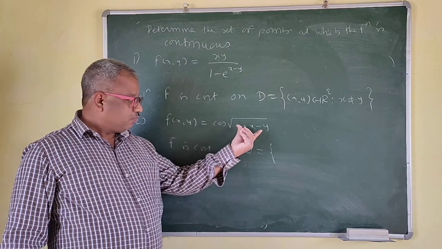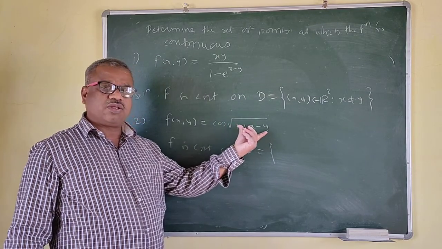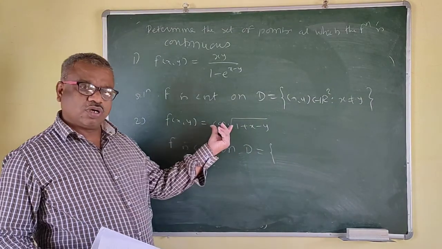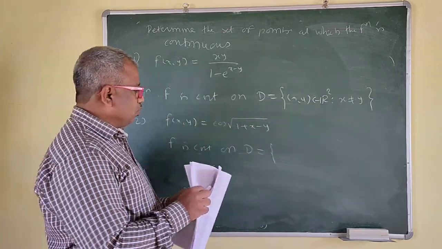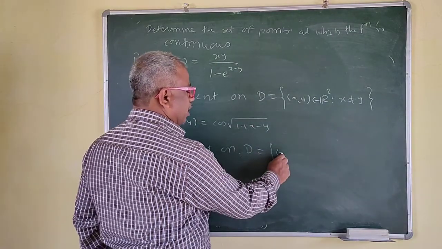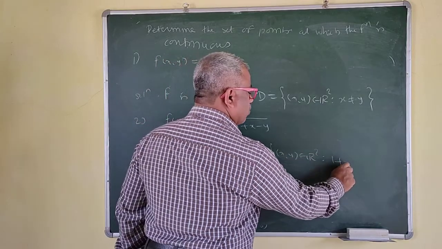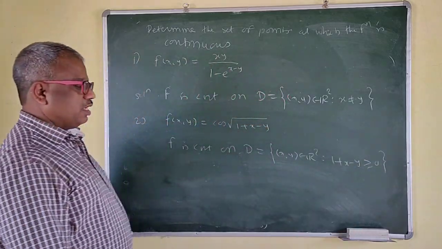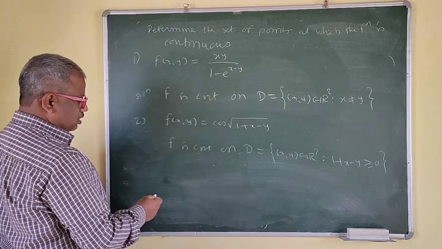The quantity inside the root must be greater than or equal to 0 for the root to be real. For 0, cos is well defined. So you can take this as greater than or equal to 0. So this is xy belongs to R2 such that 1 plus x minus y is greater than or equal to 0. Right? So this will be your set so that the function is continuous.